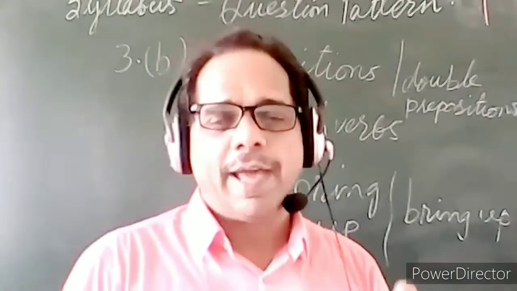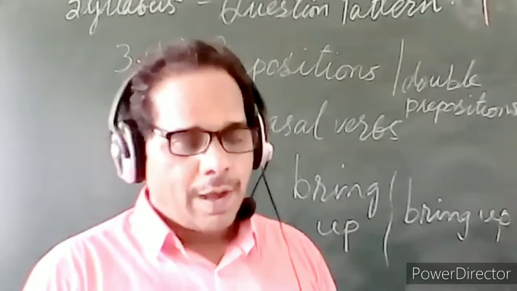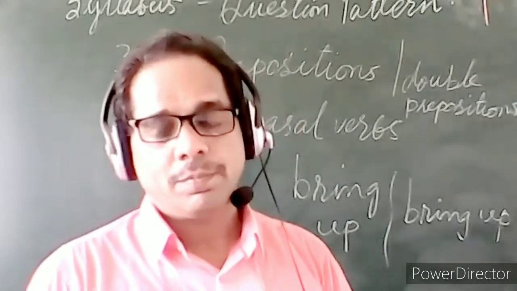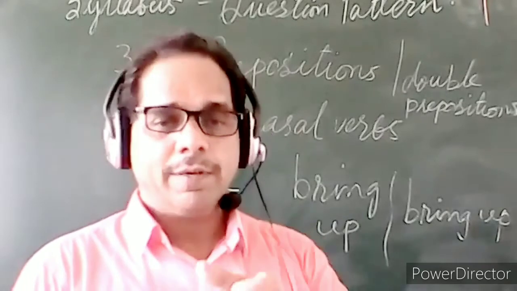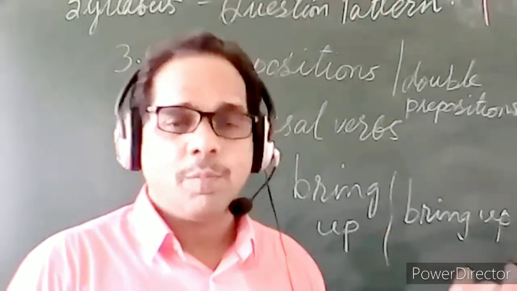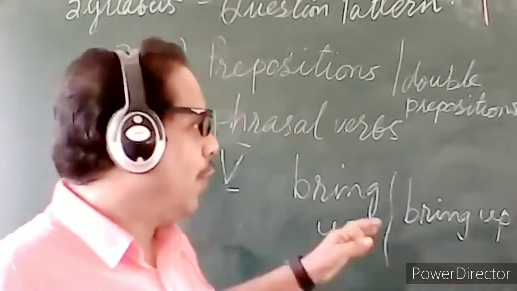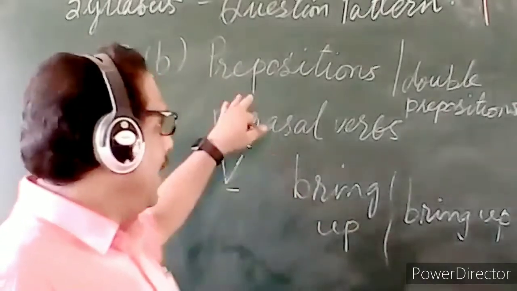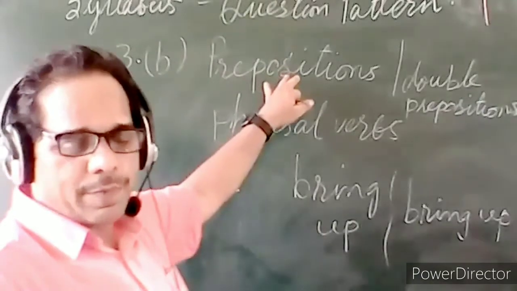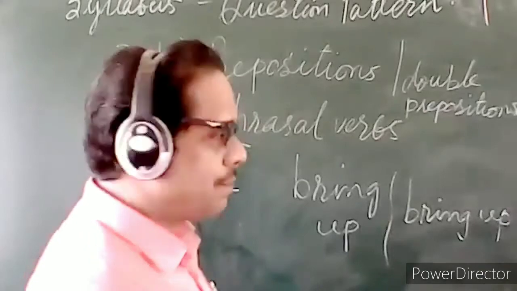Starting from the first unit up to the 9th unit, you have phrasal verbs. They have distributed it. That shows it is so important, and you need to study. So if you study prepositions and phrasal verbs, 3B is taken care of. That we will do soon. Clear?